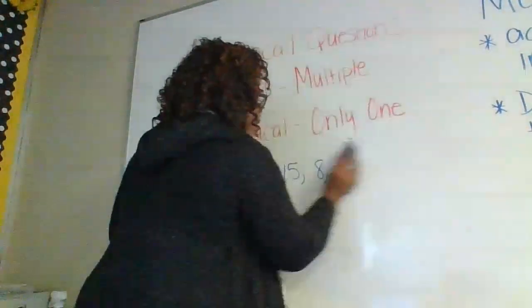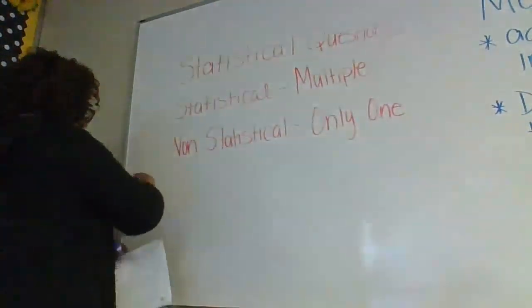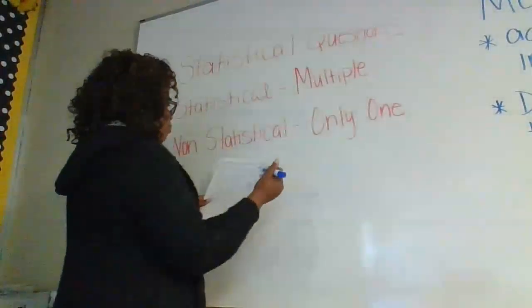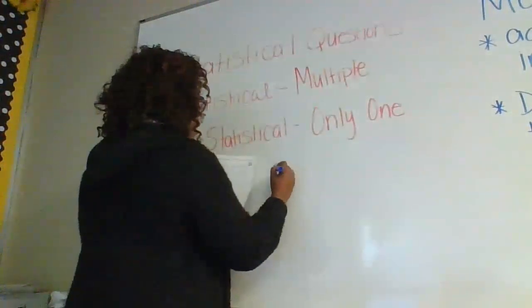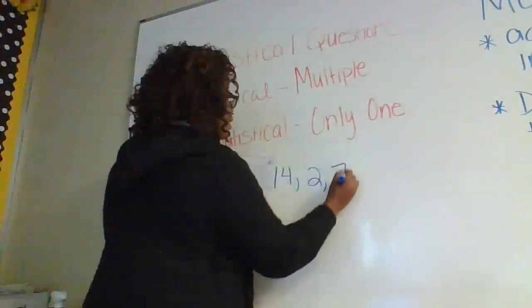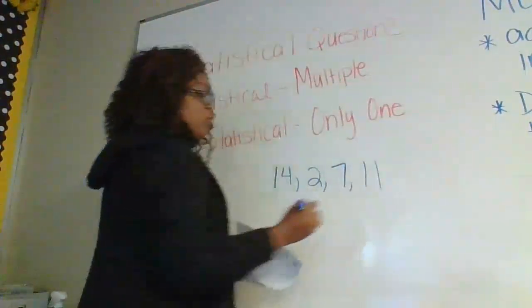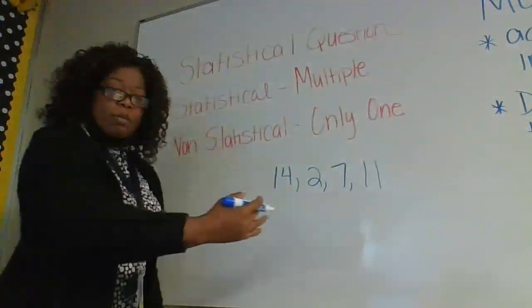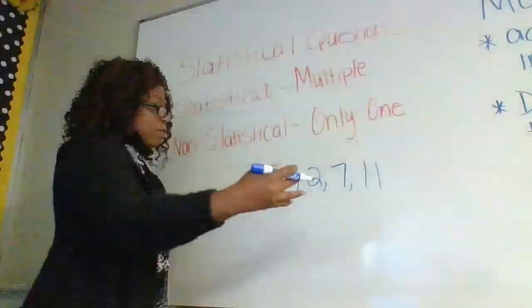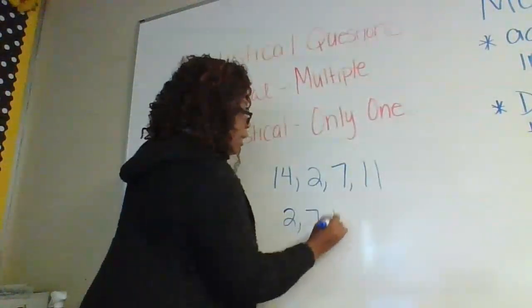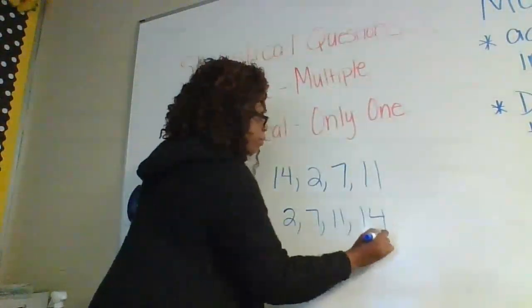Well, Ms. Randy, what happens if it is even? Well, I'm glad you asked, so let me tell you. We have 14, 2, 7, and 11. Again, the first thing we do is put them in order from least to greatest. That would give us 2, 7, 11, and 14.